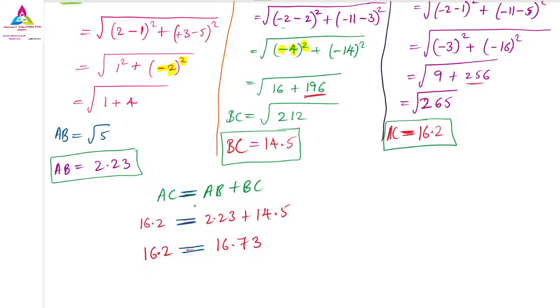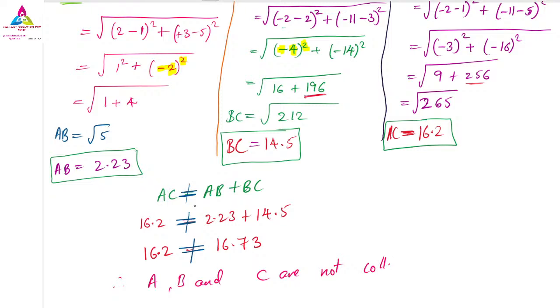It is not collinear because it is not equal. 16.2 and 16.73 have a well-defined difference, nearly 0.5. So it is not equal, so not collinear. Therefore A, B and C are not collinear.